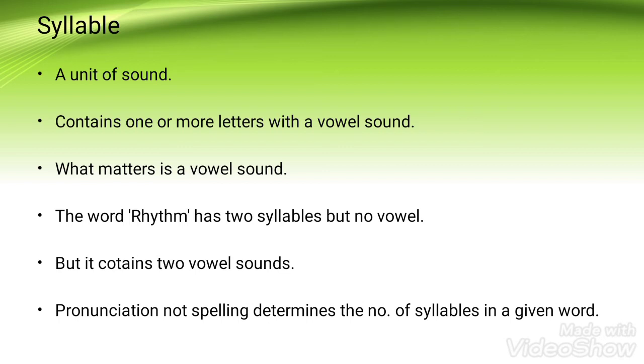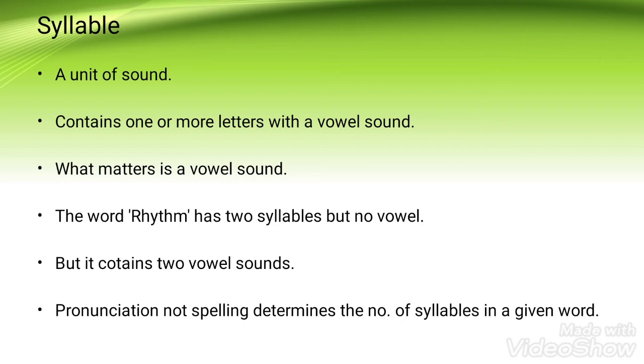But before we talk about the types of rhythm, you must have heard the word syllable. So what is a syllable? A syllable, dear friends, is a unit of sound. It is made up of one or more letters with a vowel sound at its core. It means vowel sound is essential as far as syllable is concerned.